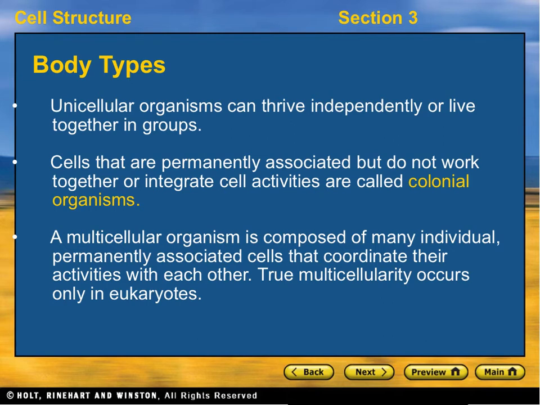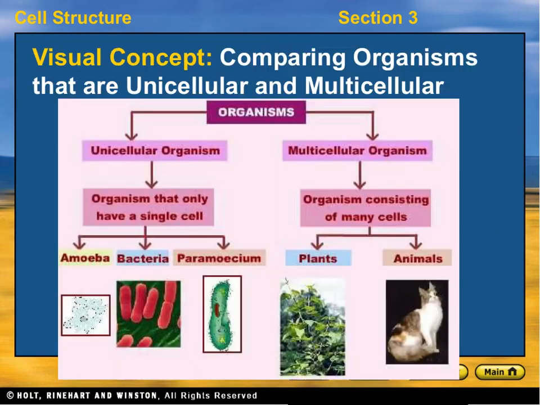So eukaryotes are the only true multicellular organisms. Even if we have multiple unicellular organisms living in the same area, that doesn't make it truly multicellular. Those cells actually have to interact and work together with each other.